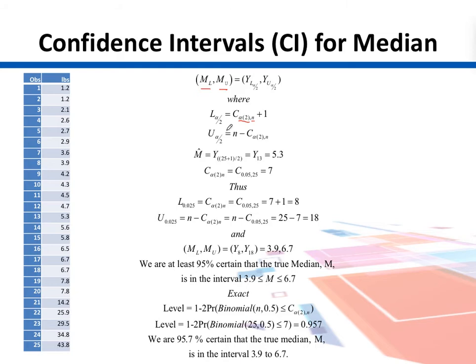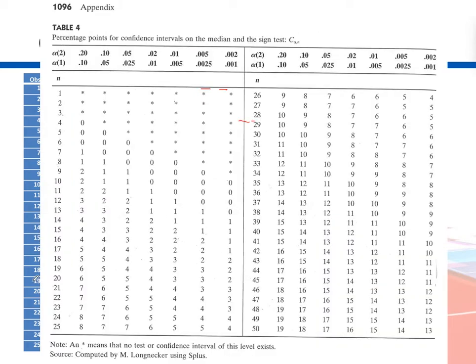Let's pick up those numbers from this table 4 in Ott's book. Here we have two rows. These are the percentage points for the confidence interval on the median and the sign test, and the thing we are collecting here is this C, which gives us the percentiles to be picked from these numbers to determine the lower and upper confidence limits.